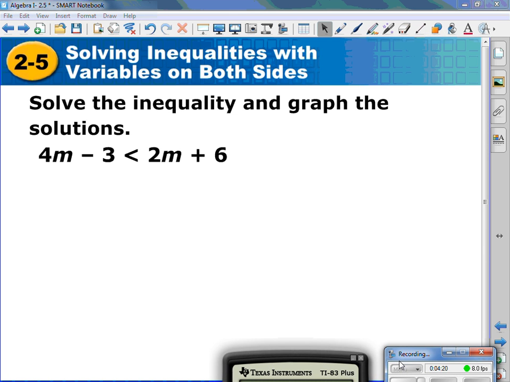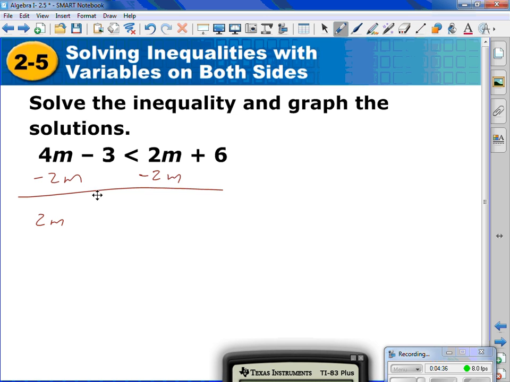So let's move the 2m to the left. How do I move the 2m to the left? Subtract 2m. What's 4m minus 2m? 2m. The negative 3m comes down. Less than, gone, 6.